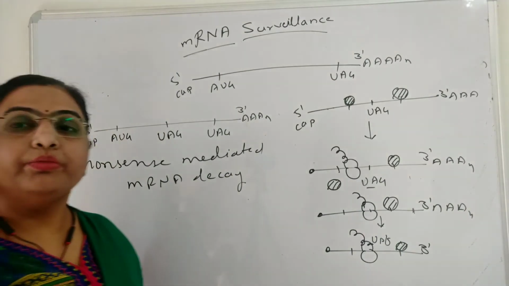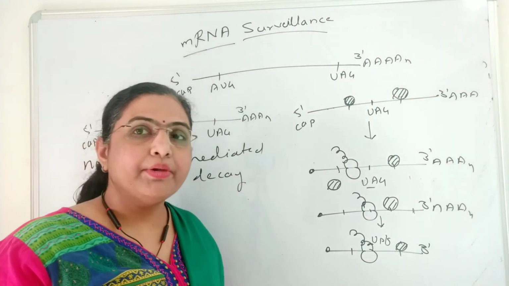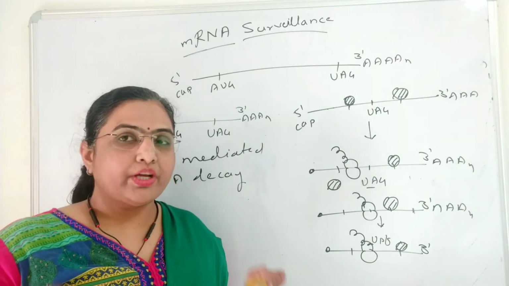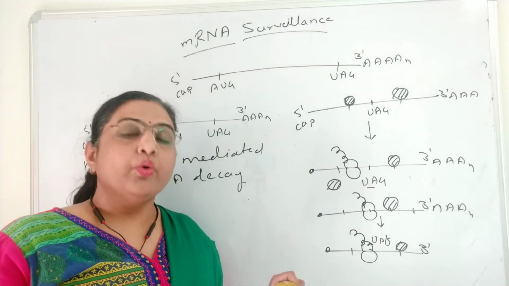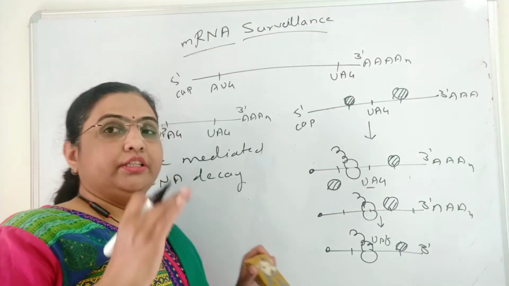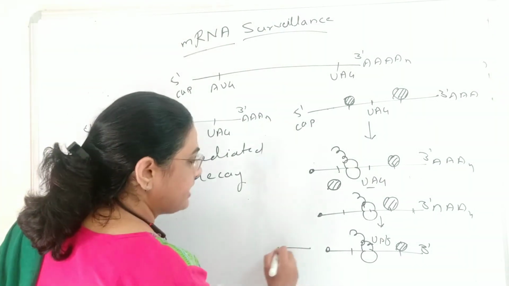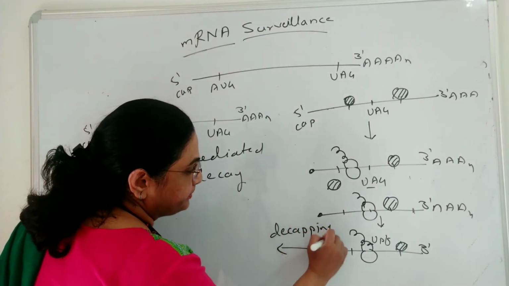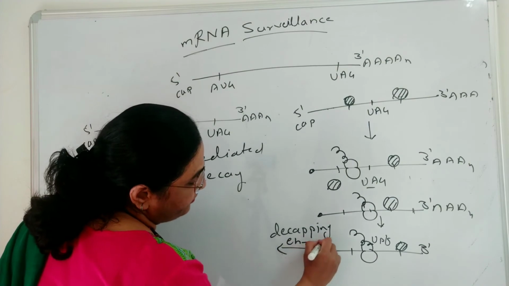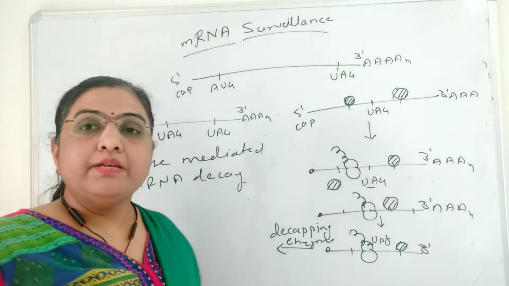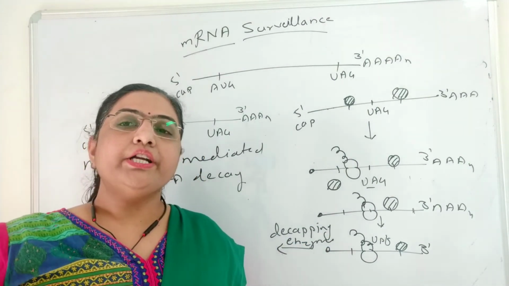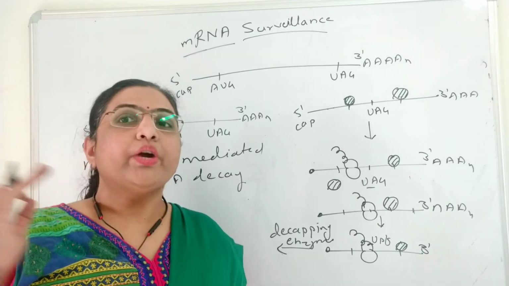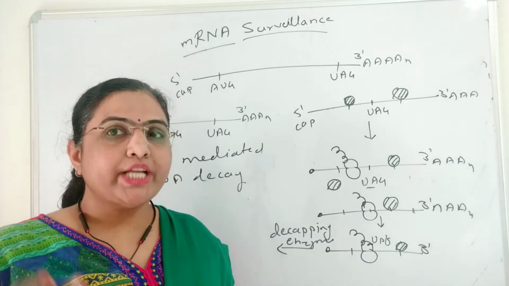After the loading of the UPF proteins, what is going to happen? These UPF proteins are now going to load enzymes, and those enzymes are called decapping enzymes, the enzymes involved in removing the cap. What is the function of the cap? To protect the mRNA.